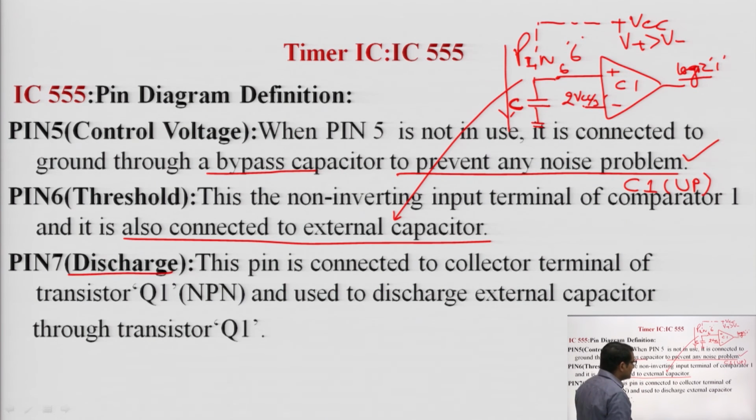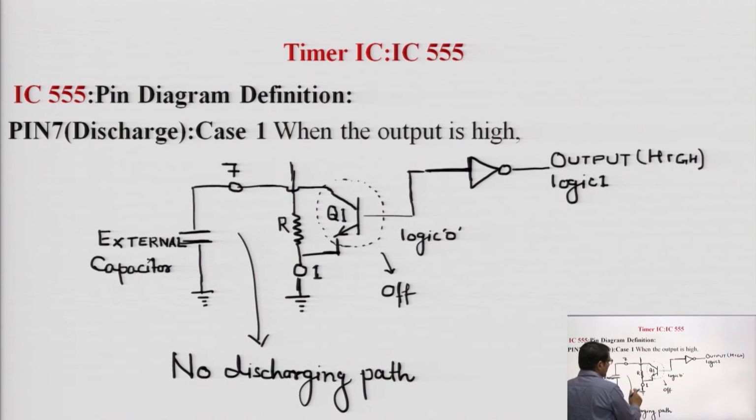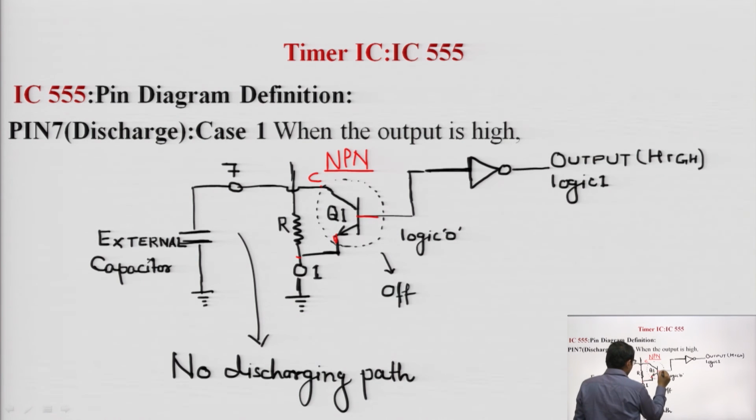Now, next is the discharge pin. It is connected to the collector terminal of NPN transistor Q1, and is used to discharge the external capacitor through transistor Q1. In the functional block of the IC 555 timer, this is our NPN transistor, with the collector, the base, and the emitter.